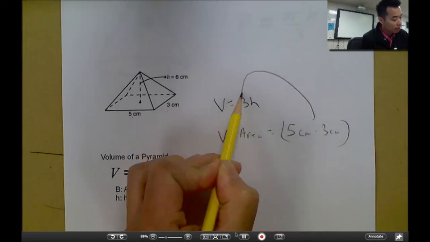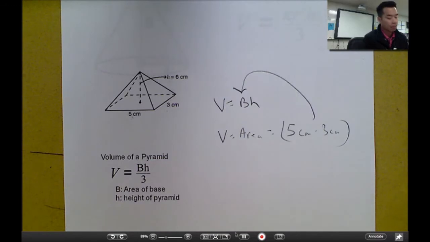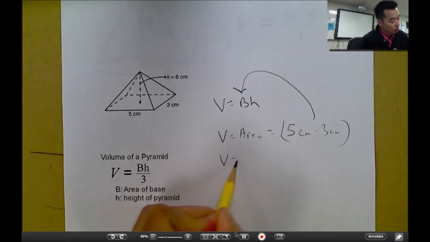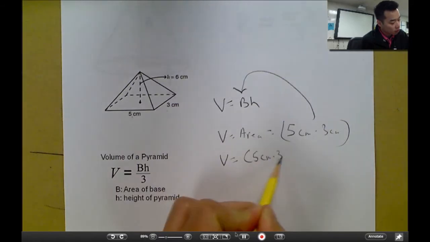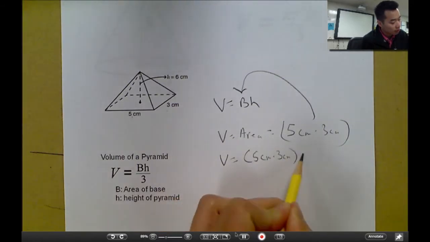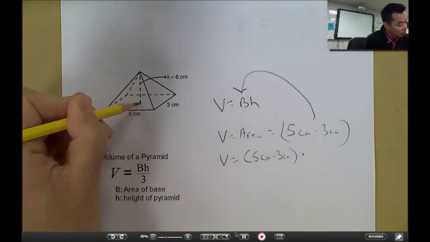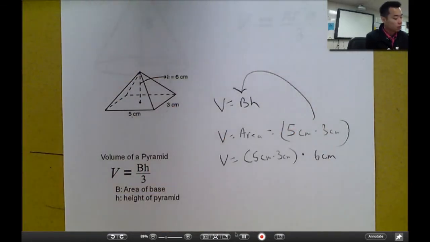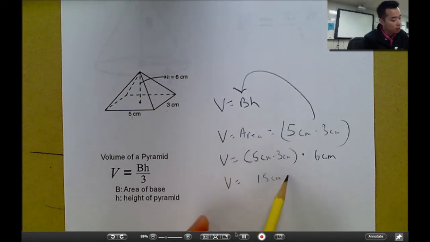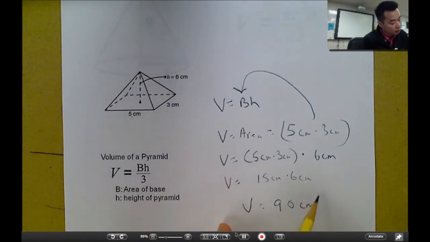This is the same as your capital B. So right now we have volume is equal to 5 centimeters times 3 centimeters times the height. The height connects the base to the top, which is 6 centimeters. So here we have volume is, do your order of operations, 5 times 3 is 15 centimeters times 6 centimeters.